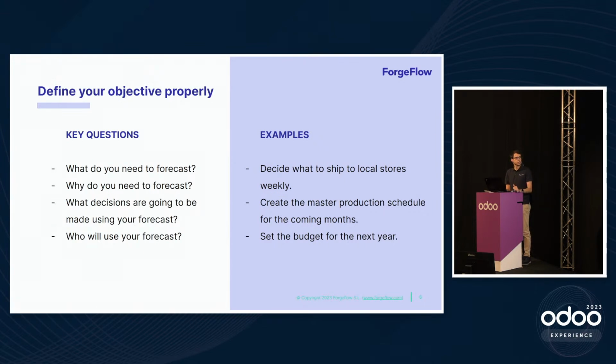In the second case, creating the MPS for your manufacturing plan in the coming months is more tactical. In this case, maybe you will use months or something bigger. You will do it at SKU level. Maybe if you have several plants, you also include the plant as one aggregation level. But at the end, in this process, you will involve more people.